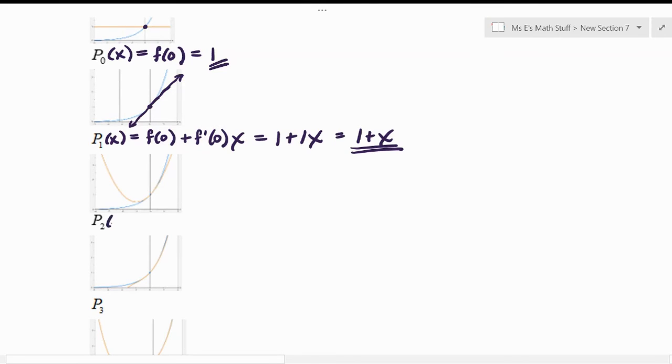So now let's go on to p sub 2 of x. What did we want for p sub 2 of x? A lot. We wanted this parabola here, second-degree polynomial, to have 3 things in common with e to the x. We want the y coordinate at 0 to match, so that would be f of 0.